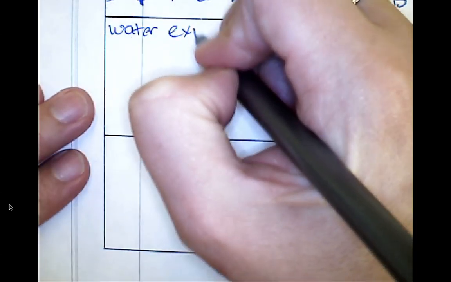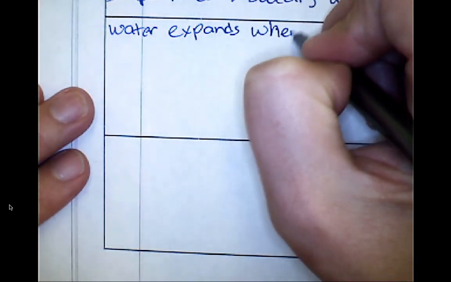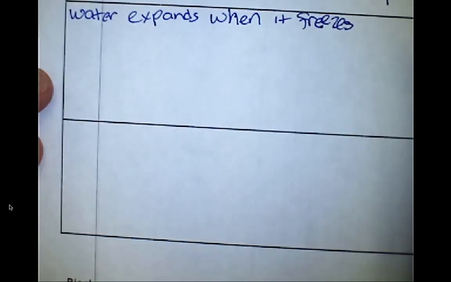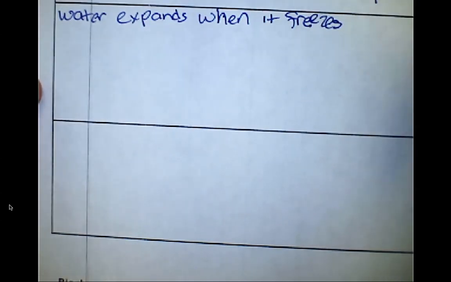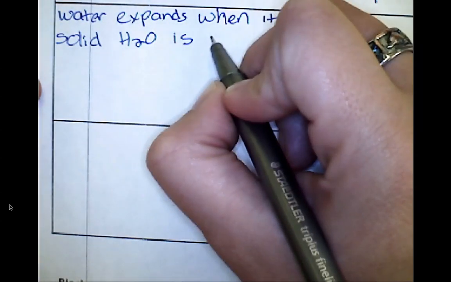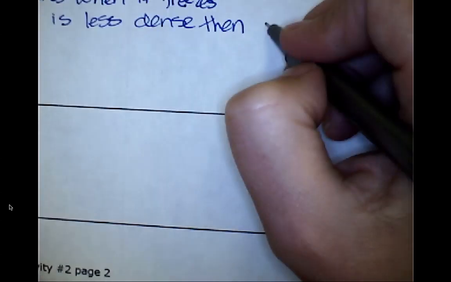Okay. The fourth property of water, this is a good one, and some of you might know this. Water expands when it freezes. If you've ever put a water bottle into the freezer for a few hours, it will puff up, okay? And the reason why this happens is solid water is less dense than liquid water.